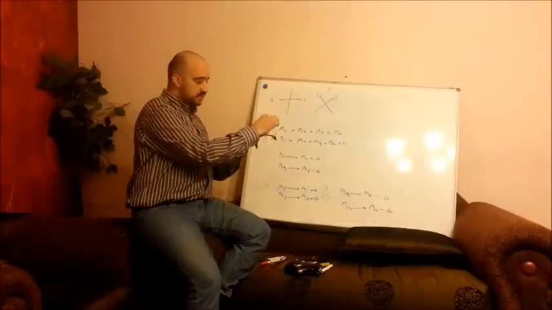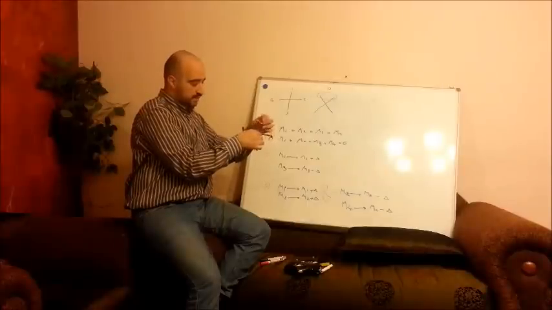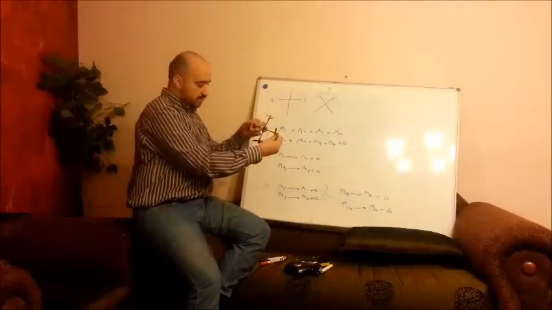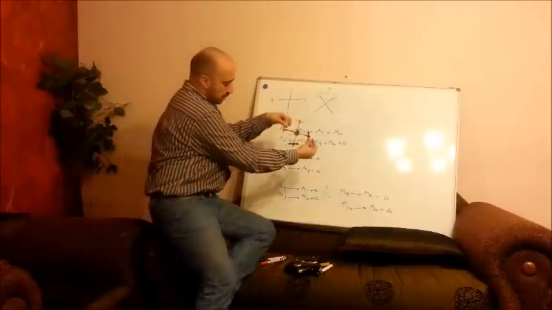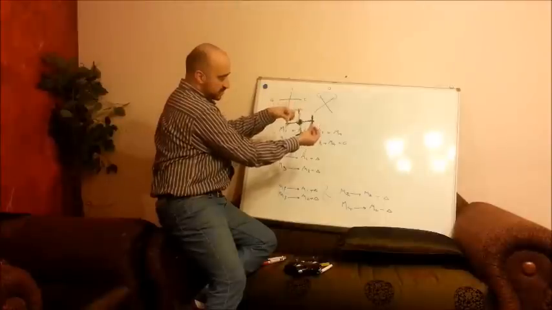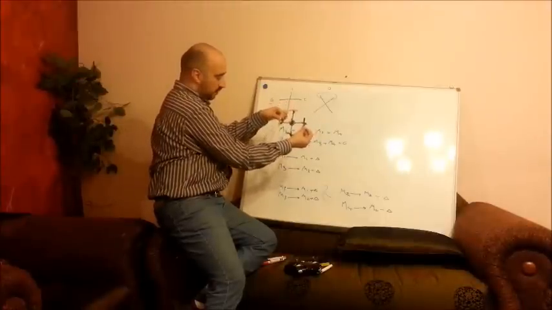And that means if the propellers move clockwise, the quadcopter will try to move anti-clockwise. See here, I hold the two propellers, and as you can see, they are fixed, and the quad tries to move in the other direction. Okay.